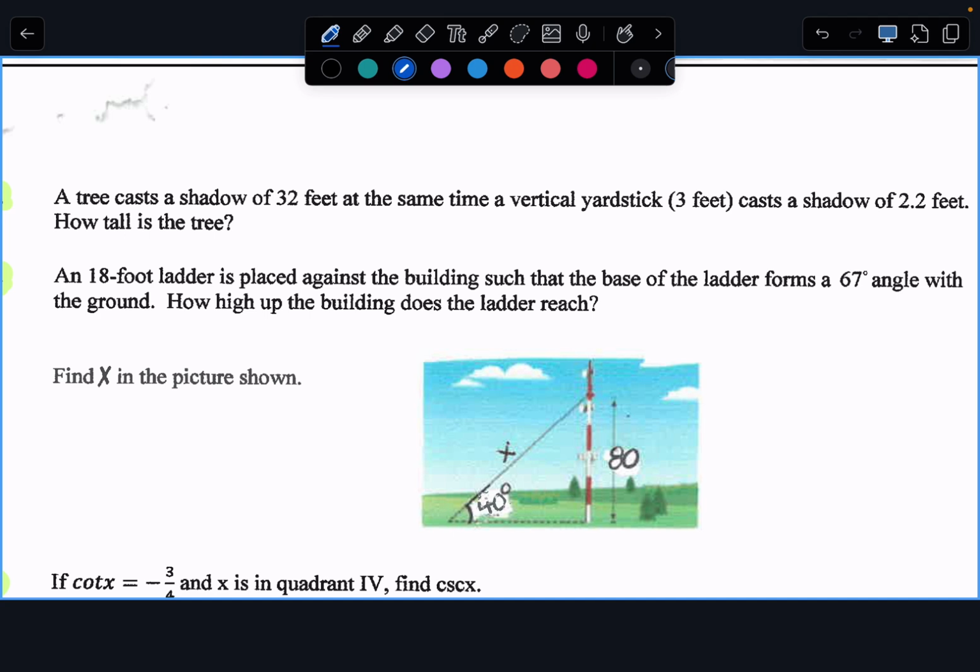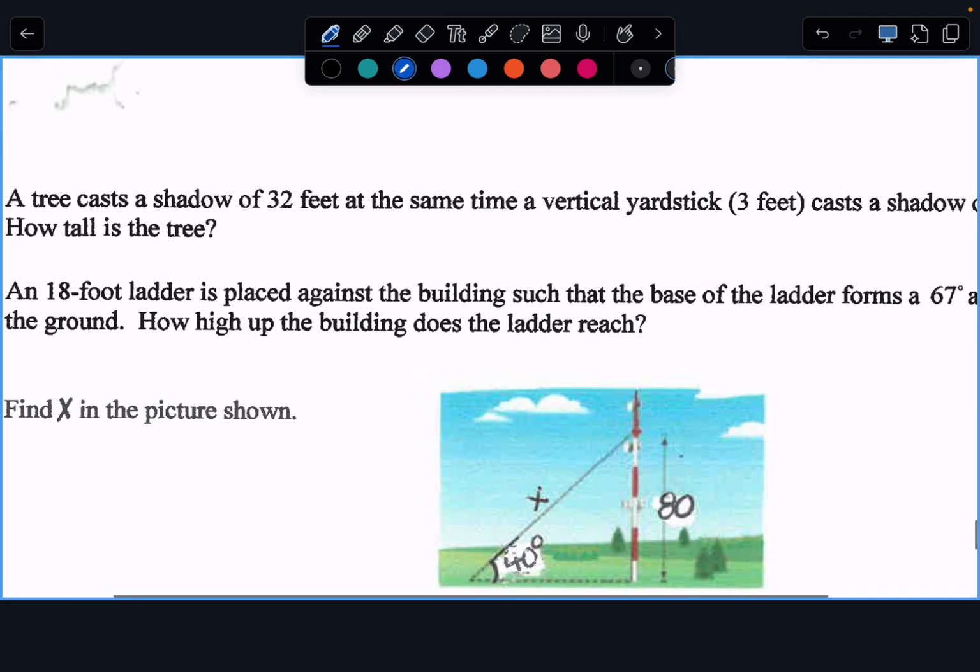So we have a tree casting a shadow that is 32 feet, and a yardstick, which is 3 feet, casting a shadow of 2.2.